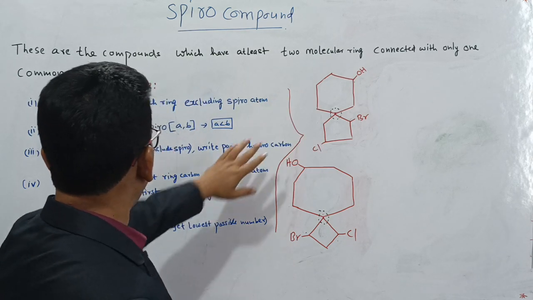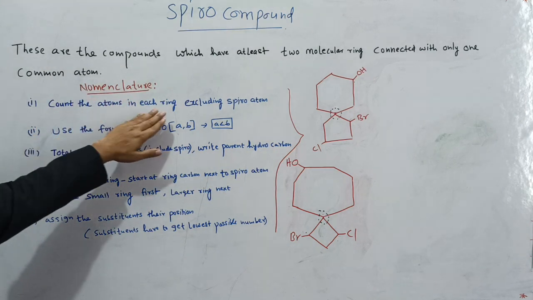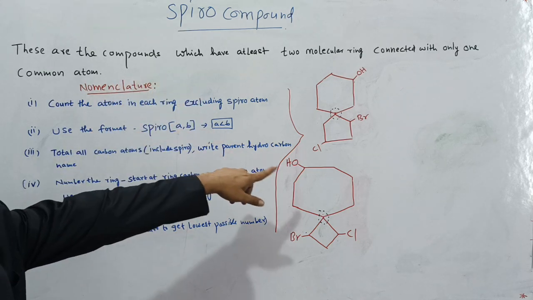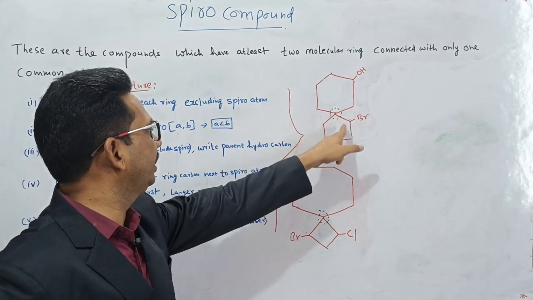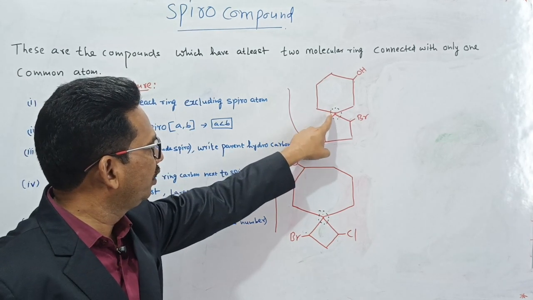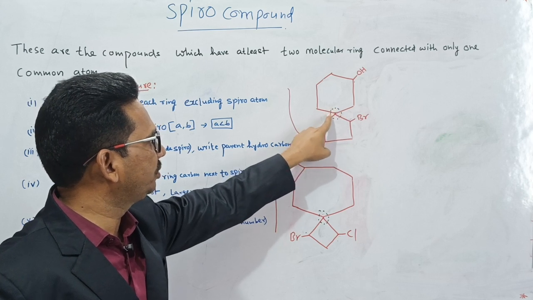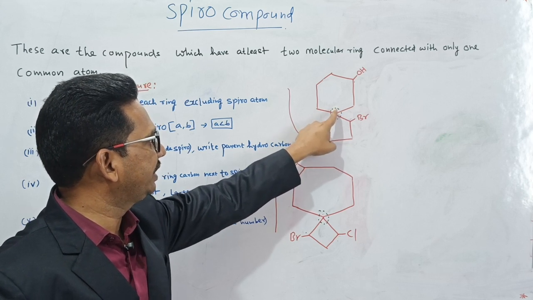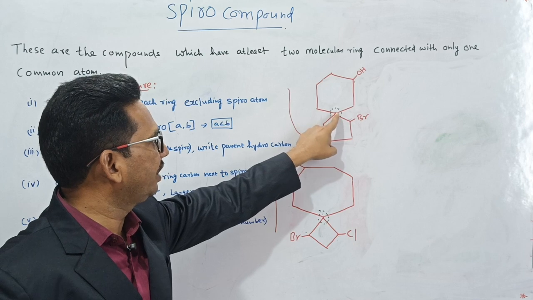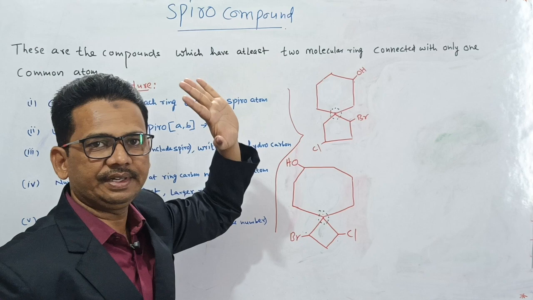Initially, in the nomenclature, first we have to count the atoms in both the rings, excluding this Spiro atom which is connected here. That one we have to exclude. इसको काउंट करना नहीं है. दो रिंग के बीच में जो भी है स्पाइरो एटम जिससे कनेक्ट हुआ है उसको काउंट नहीं करना है. We have to count separately for this ring and for this ring.